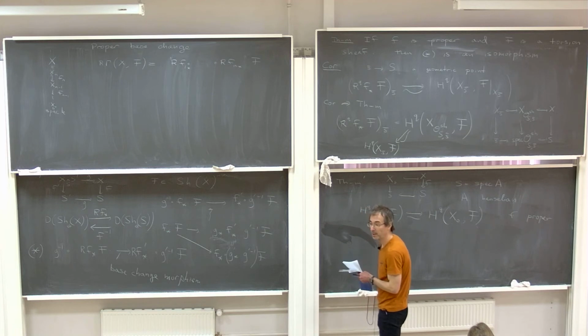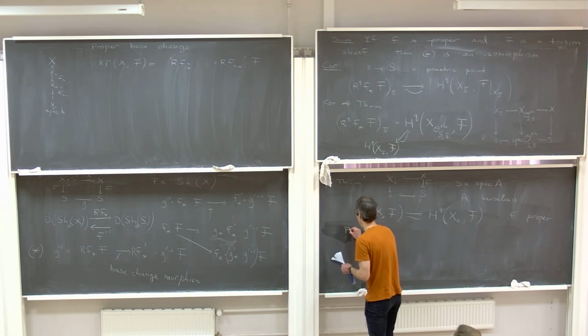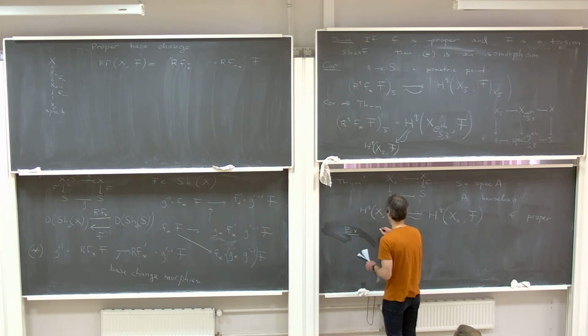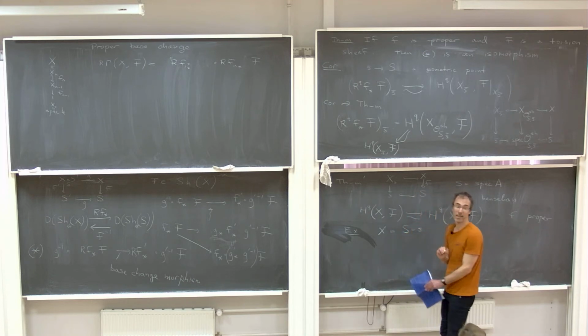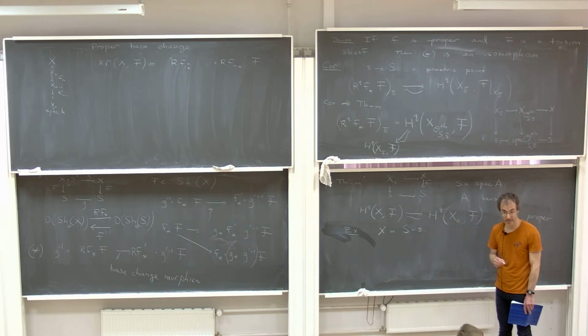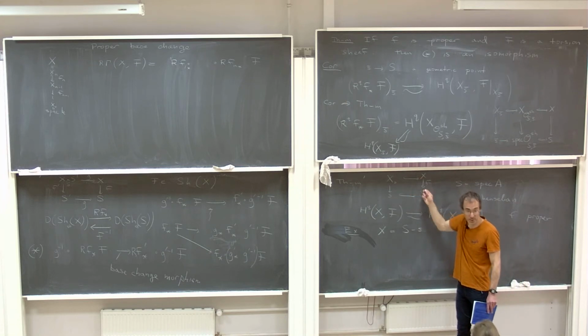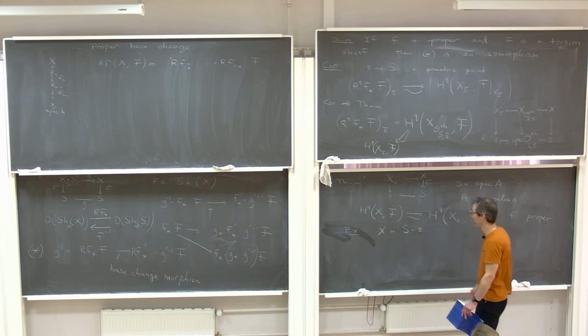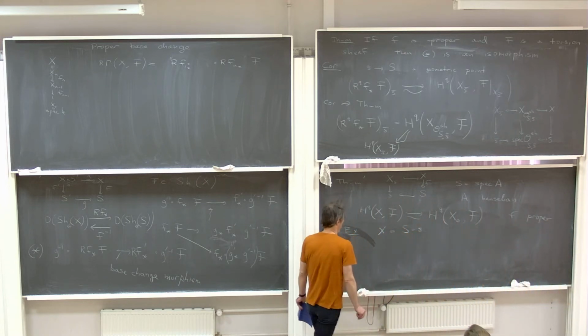The simplest example, I think, would be the following. You take for X, S minus s. This is an open embedding. Then this guy is 0. But take the constant sheaf and the zeroth derived direct image. Fails.